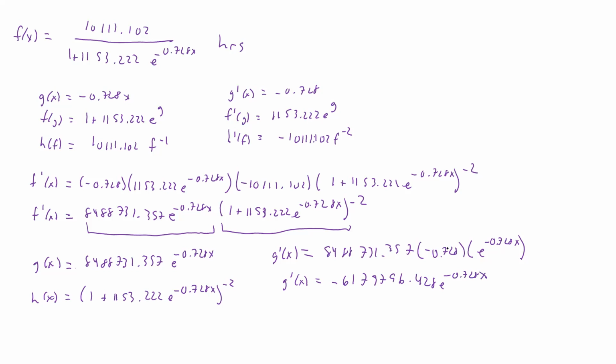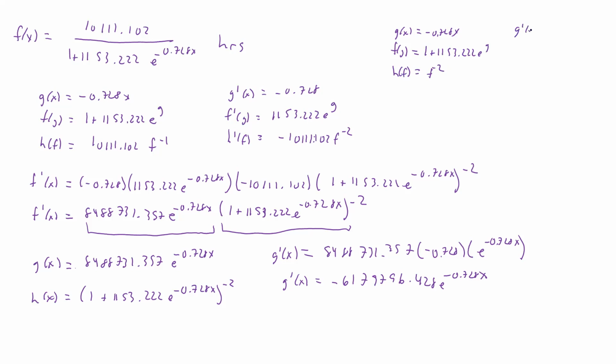Okay, all right, so now we have to do our inside-outside functions here. Maybe we can have enough room up here so we can get that all on one page. So g of x is equal to negative 0.728x, our f of g is equal to 1 plus 1153.222 e to the g, and h of f is equal to f to the negative 2.